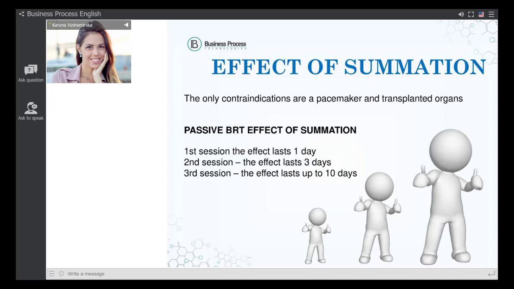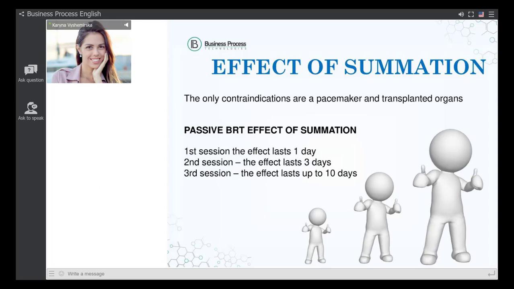Okay, effect of summation. You can see on this picture three really positive guys which are growing, the same as the result of our passive bioresonance contact therapy. If we do the first session, the effect will last 1 day. After the second session of bioresonance contact therapy, the effect will last 3 days.